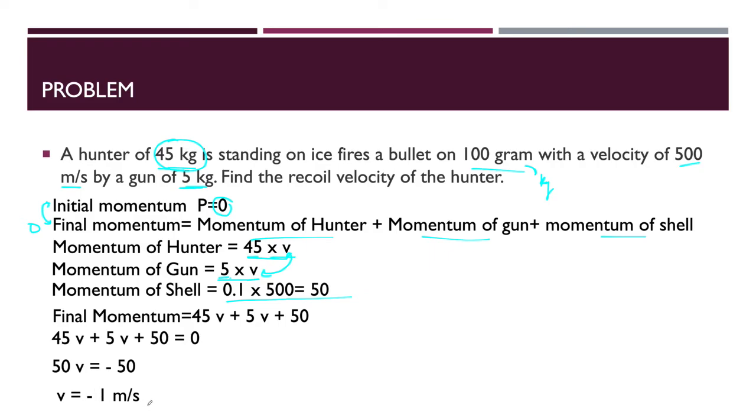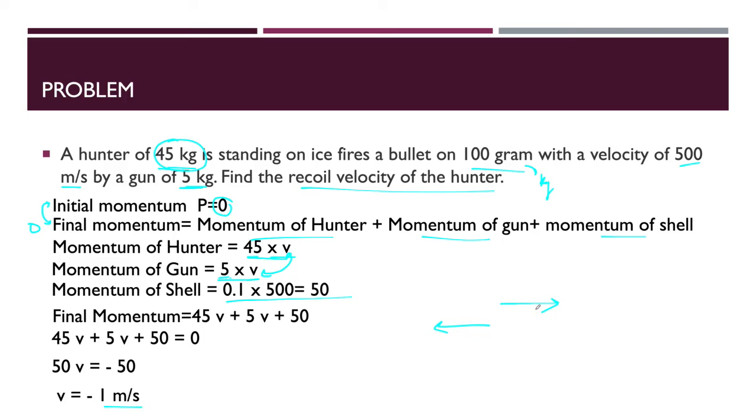That means when the shell is going in the forward direction, automatically the hunter and the gun will move in the backward direction, just because of the minus sign. The hunter and the gun both will have the same velocity of 1 meter per second. So the recoil velocity of the hunter will be 1 meter per second, in the backward direction of the shell.